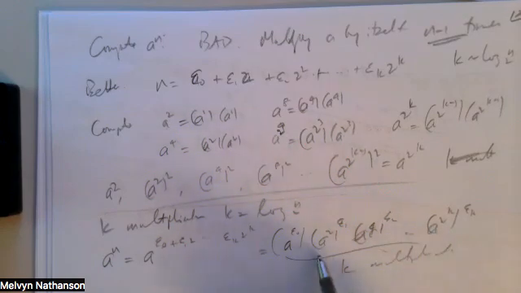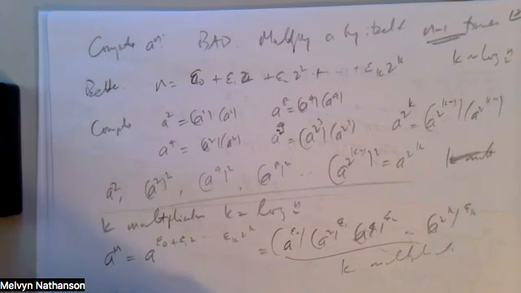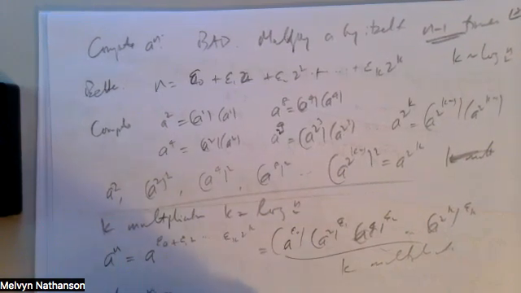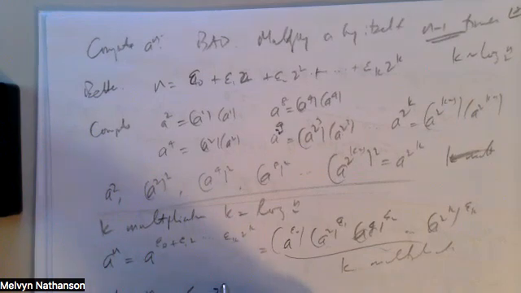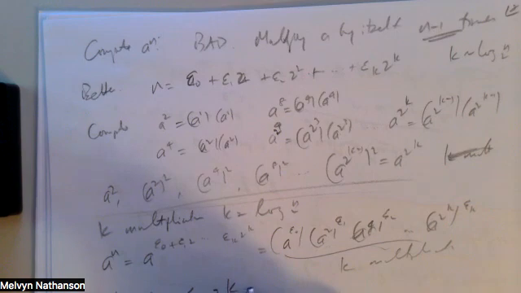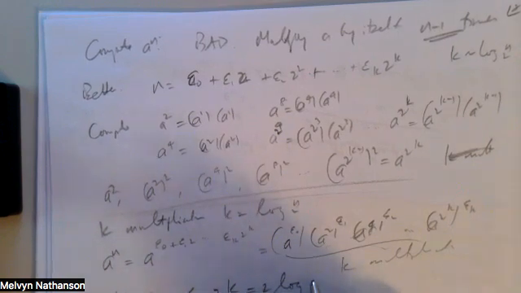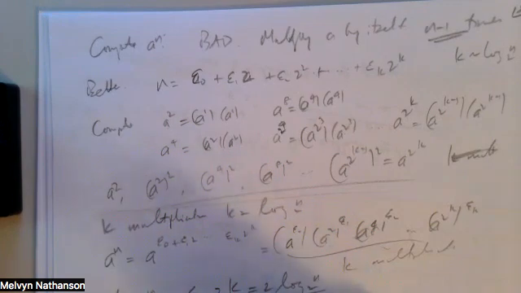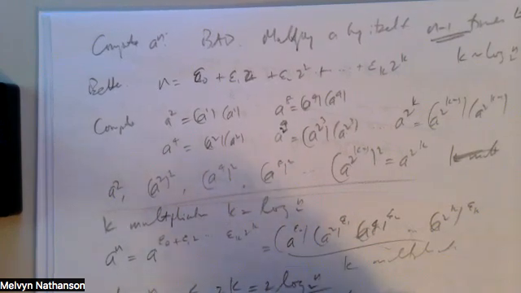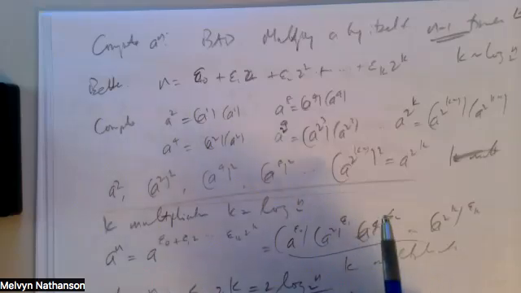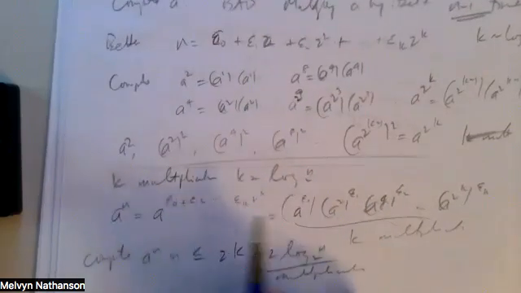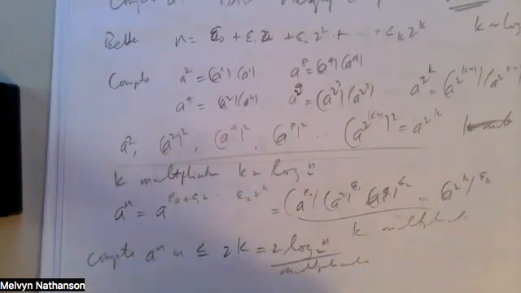So it took k multiplications to get the powers of a, and at most k multiplications to get a to the n. So we can compute a to the n in at most 2k, which is 2 log of n to the base 2 multiplications, as opposed to n multiplications if you just multiply a by itself n times.